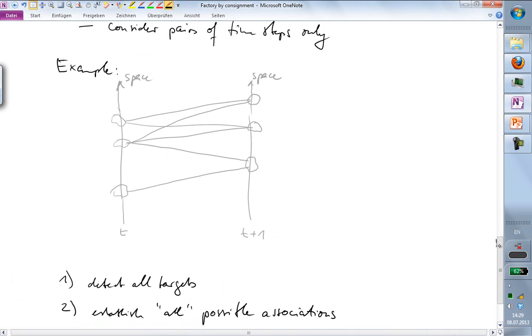Okay, now since we've become experts in graphical models, I will turn this into a graphical model. I will associate a random variable, which I indicate with a circle, with each of these associations. So I'm drawing one circle on top of each of these lines.